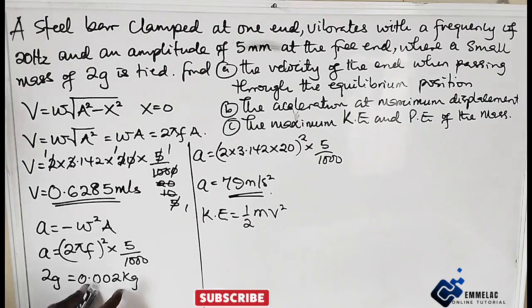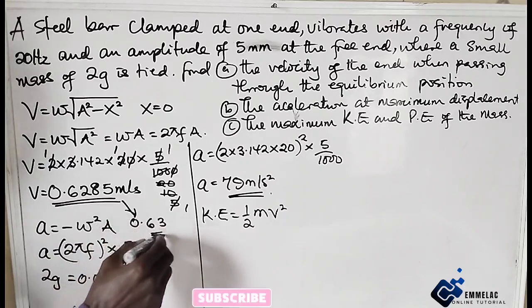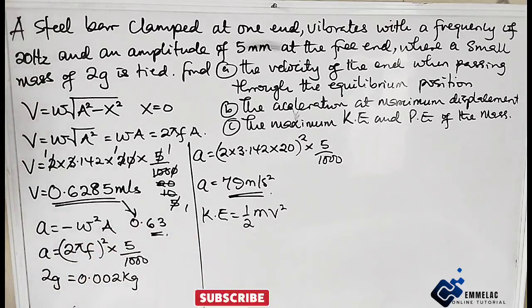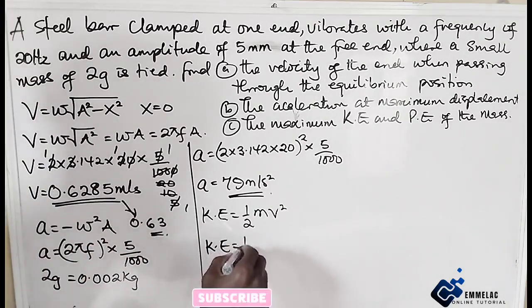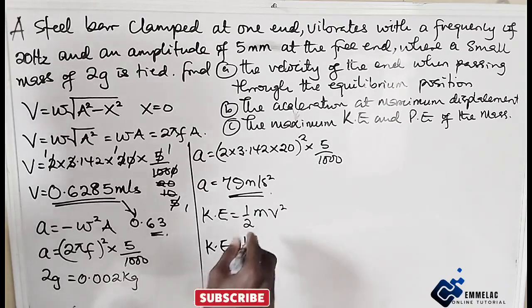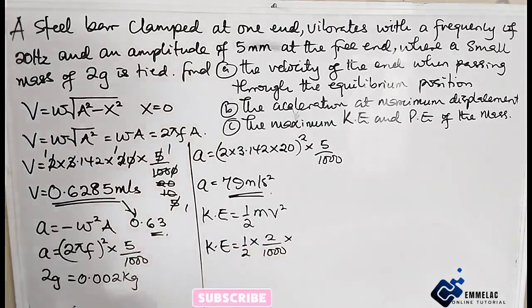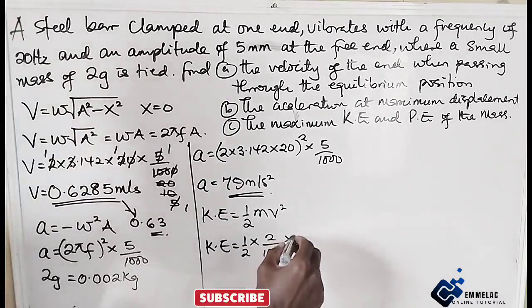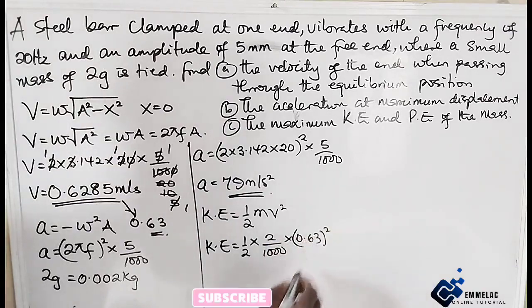Now let us input this, and our velocity is 0.63, approximating. Now let us input these values. So here we have kinetic energy will now give us 1/2 times the mass, that will be 2/1000 times 0.63 all raised to the power of 2.